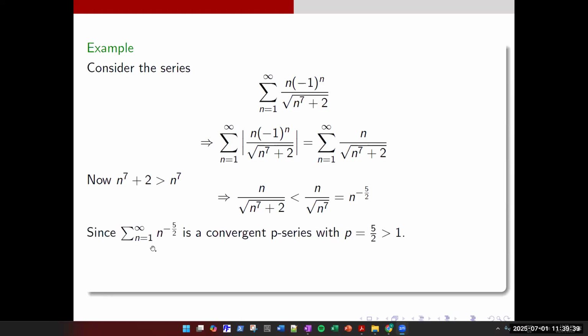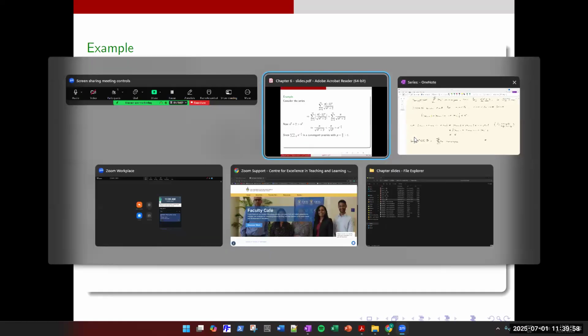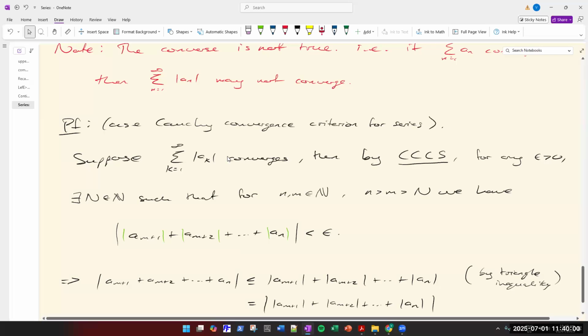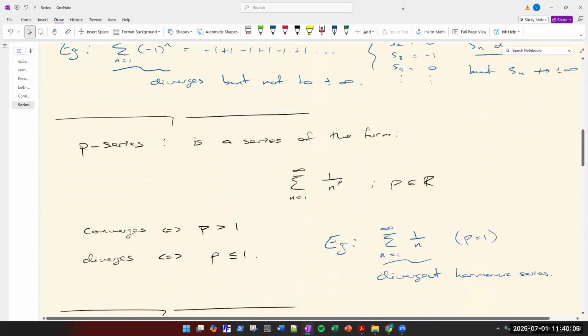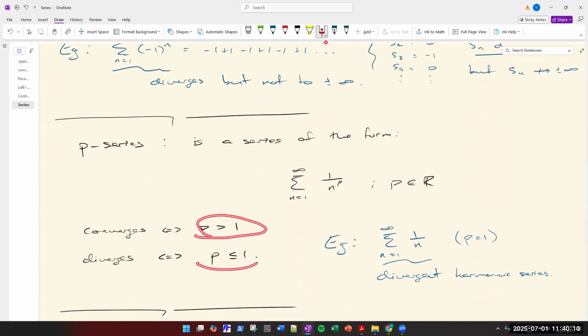So since this is a convergent p-series, remember the form of a p-series. I know you're seeing the power over here, and you're thinking, wait, isn't p in this case minus 5 over 2? Right? P-series: for p bigger than 1, it converges. For p less than or equal to 1, it diverges.